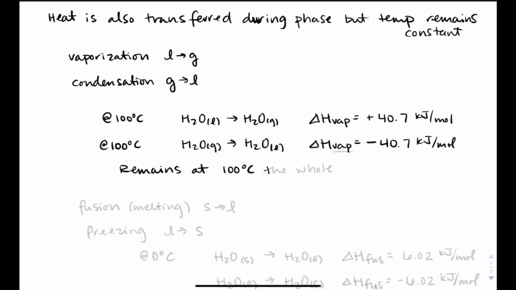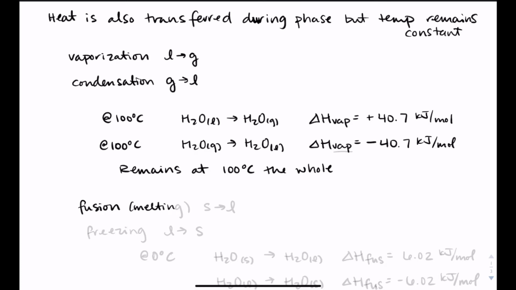So that sample of water is going to be 100 degrees. And if you measured the temperature of the gas as it is boiled off of this water solution, that water as a gas is 100 degrees. So there's no temperature change. Every bit of energy is going into changing the phase.